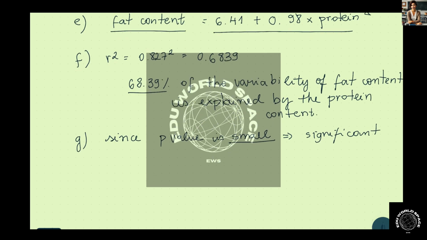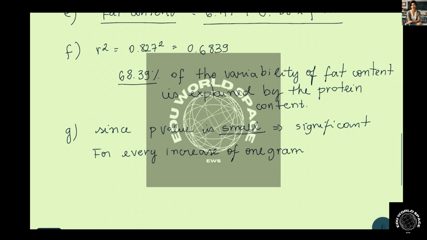So basically, the way that we make an interpretation about the slope is that for every increase of 1 gram, because it is how the protein is measured, so for every increase of 1 gram of protein content here, we can expect, on average, we always talk about averages here, because again, we are estimating something, an increase.